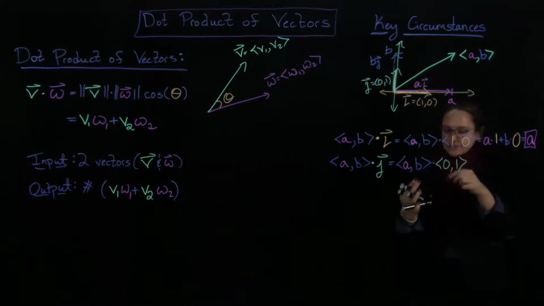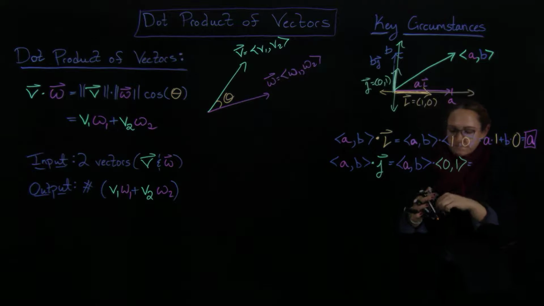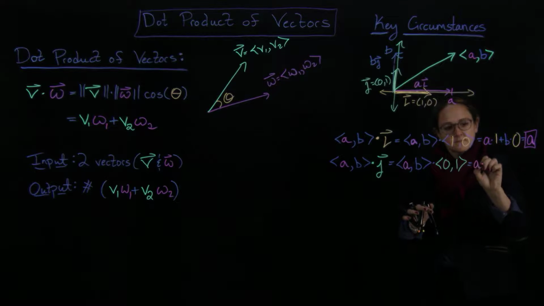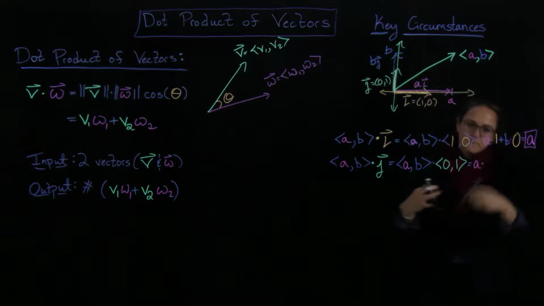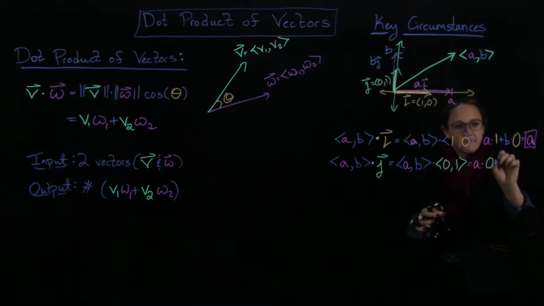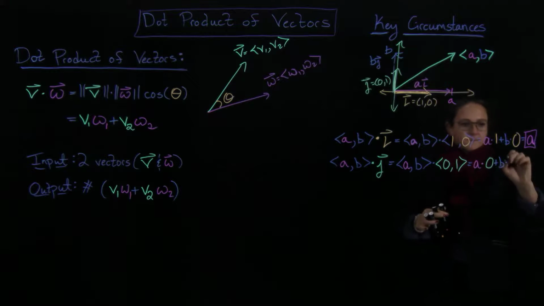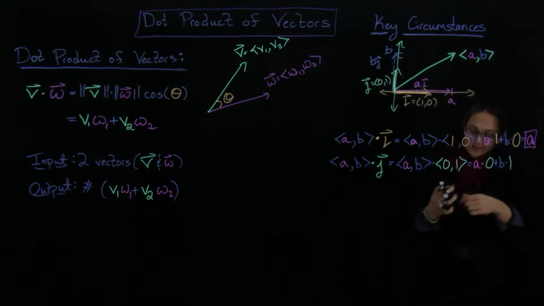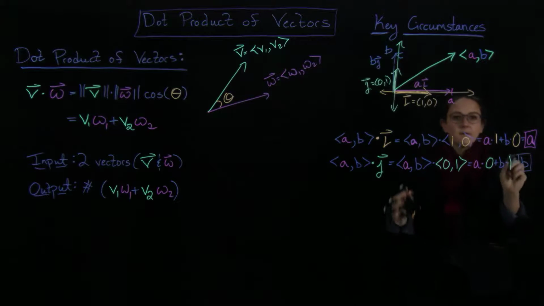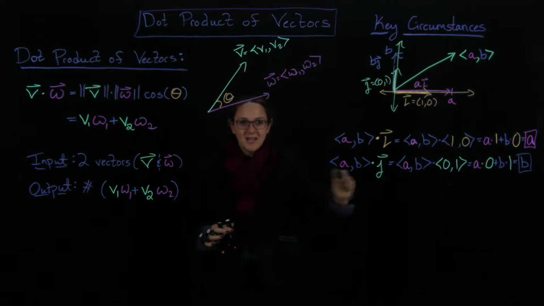So I have A times 0, and then I'm adding to that B times 1. This one picks out the second coordinate, it picks out B. So if I dot with I, I pick out the first coordinate. If I dot with J, I pick out the second coordinate.